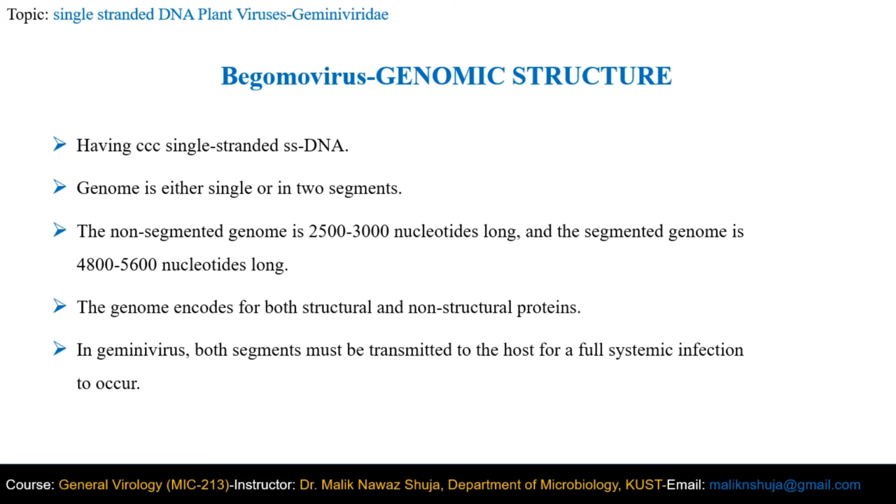So in case of bipartite, both DNA-A and DNA-B are important and compulsory for a complete course of infection. Otherwise, there will be no infection, because the virus will be unable to move inside or outside the cell, since the movement is provided by the DNA-B of bipartite Begomoviruses.